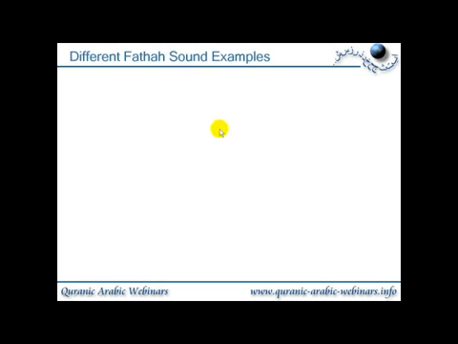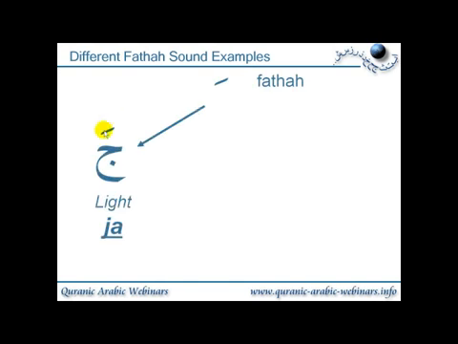So different fatha sound examples, and we're going to use fatha because it gives the most pronounced or different type of sounds with the heavy and light sounds. So fatha again. So the letter jim is one of the letters that produces a light sound. So with the fatha, it produces the sound ja.